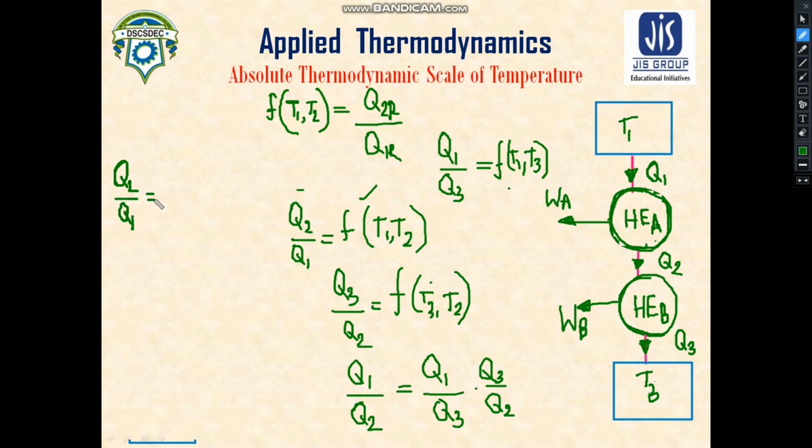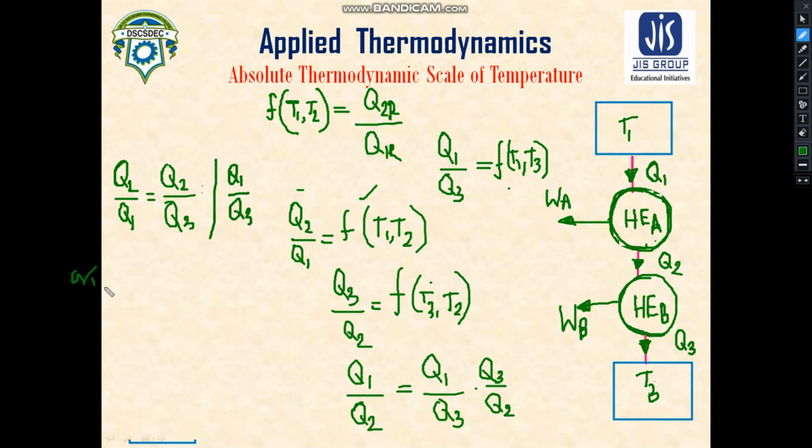You can write Q2 by Q3 into Q3 divided by Q1, or divided by Q1 by Q3, right?